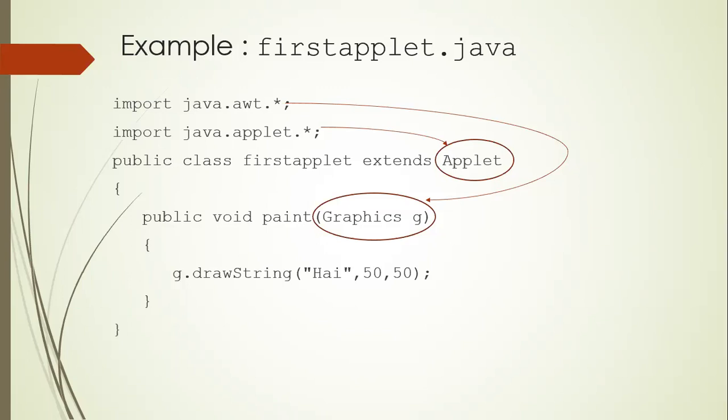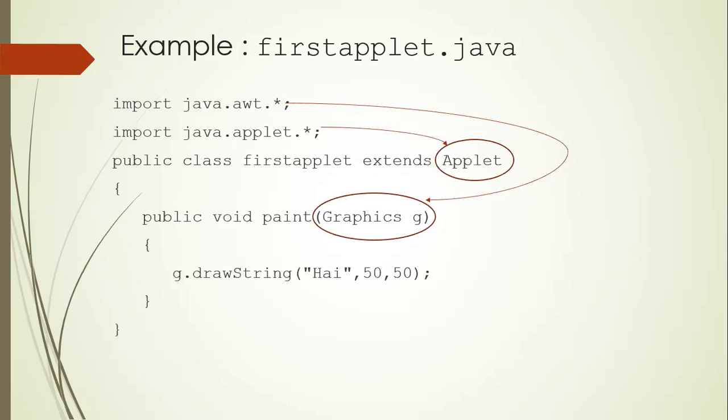That toolbox contains a lot of controls like the label, button, checkbox, radio button, etc. Like that, here also we have all sorts of window controls available under the package called java.awt, Abstract Window Toolkit. Again, this Graphics class is also available under the package java.awt. That's why I imported it.